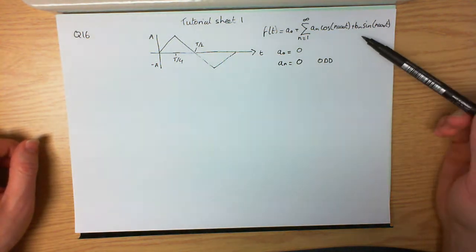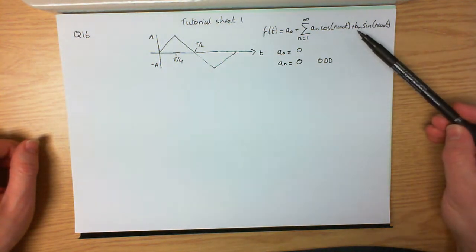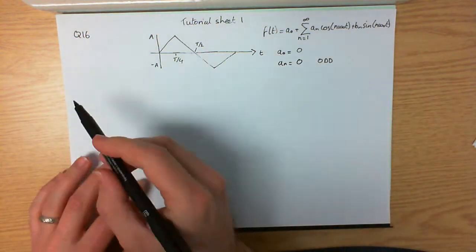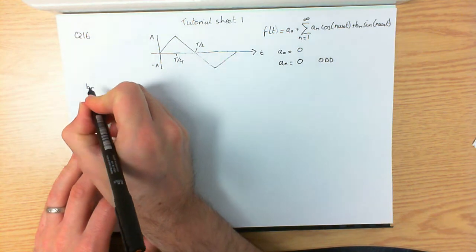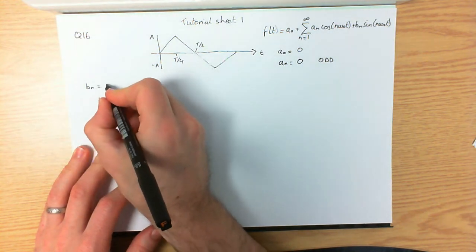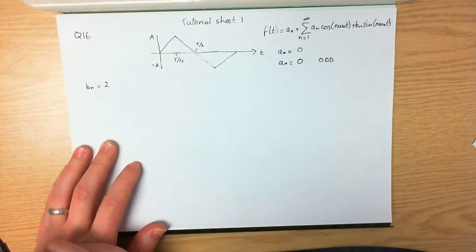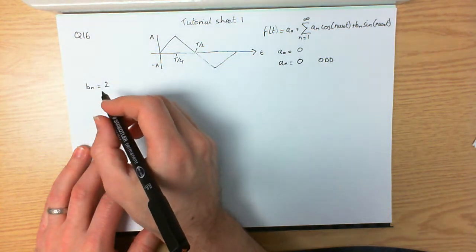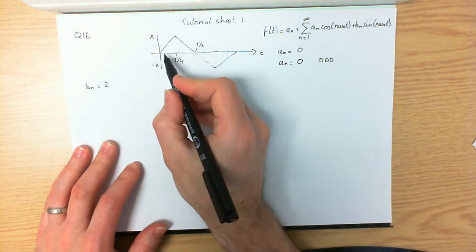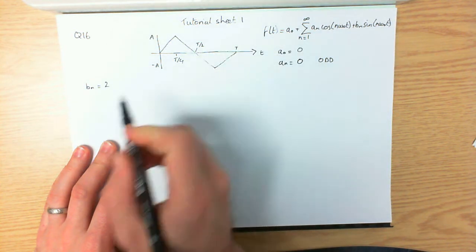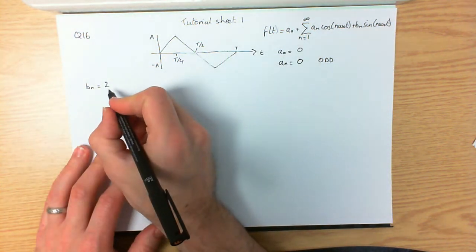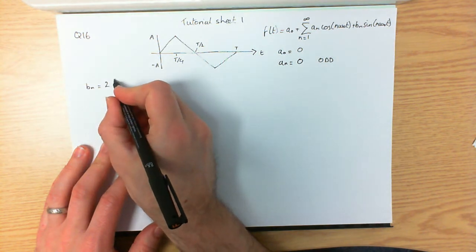So what we're left with calculating is bn. Because it's an odd function, we can write bn as such. It's going to be twice the integral, and rather than integrating from 0 to T, we can integrate over half of that because it's an odd function.